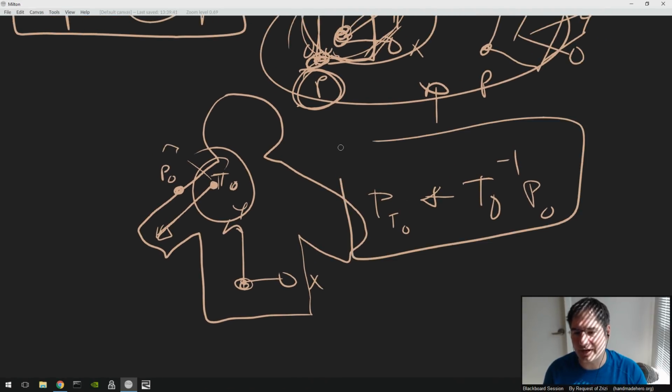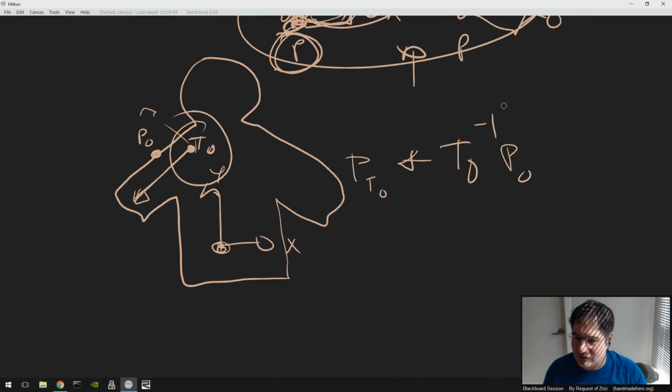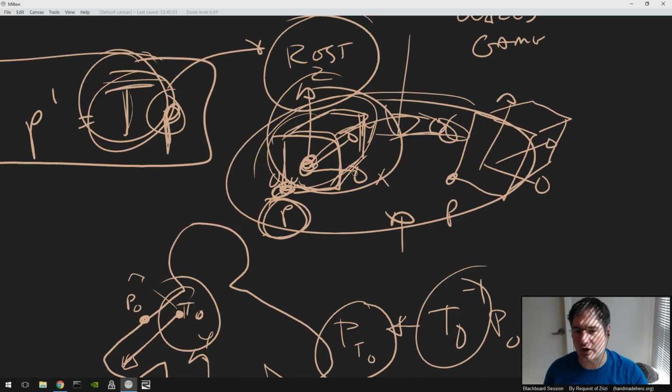This is a trivial process. We can do it on export. We take each individual point in our mesh. We say which of the transforms, which of our bones in the skeleton did the artist want it assigned to, and we just do the inverse transform to produce PT0. Once we have that, then this works.